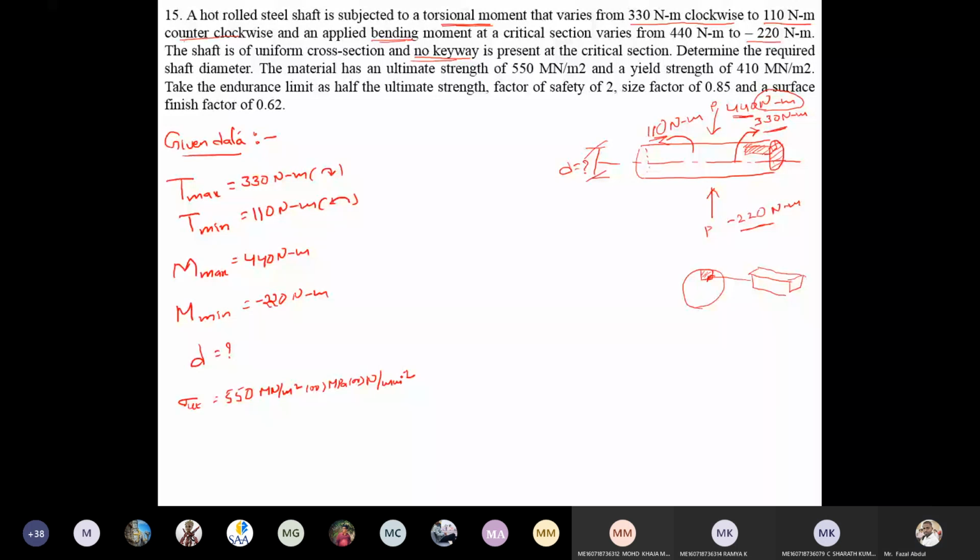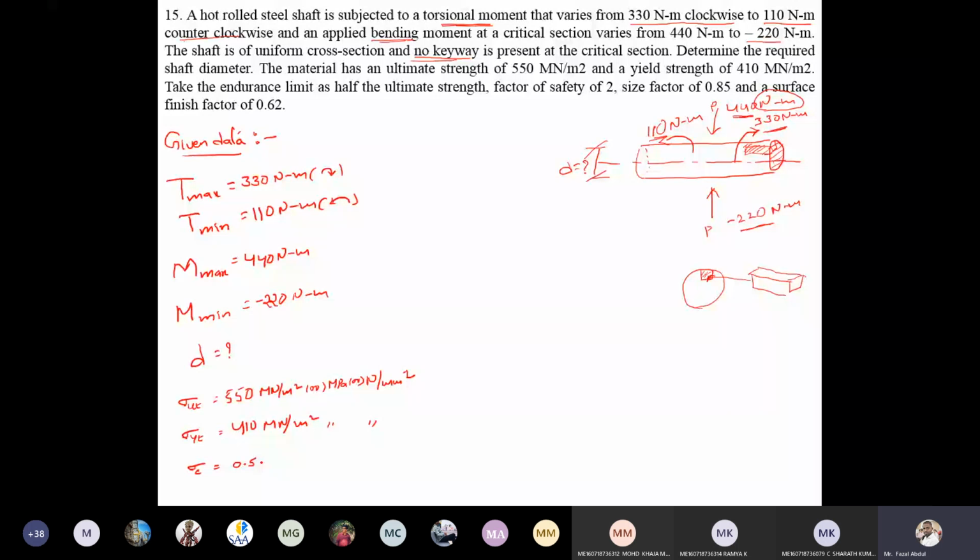Okay, and yield strength. Yield strength in tensile is 410 mega Newton per meter square. Okay, these are the same meaning. And here endurance limit is given as half of the ultimate tensile strength.